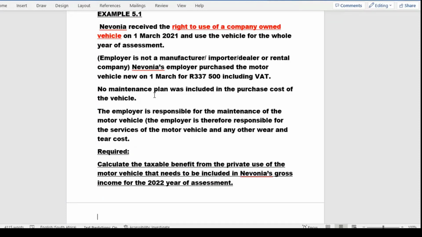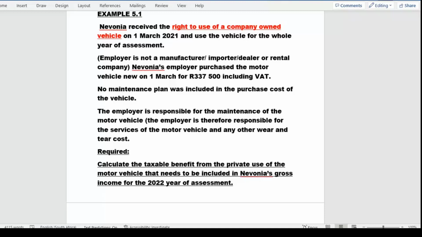The approach, how do you guys approach this kind of question? What's your approach like on this kind of question? How do you determine the company use of the motor vehicle? Okay, I think you're going to write the right of use of motor vehicle.